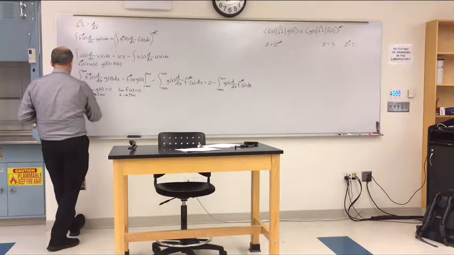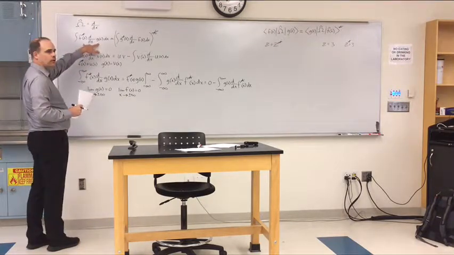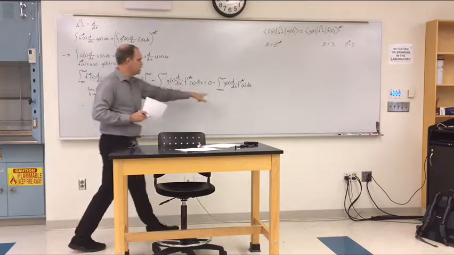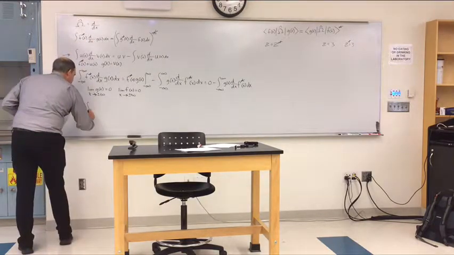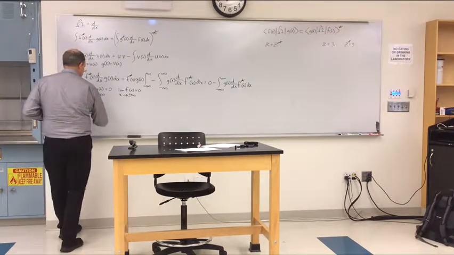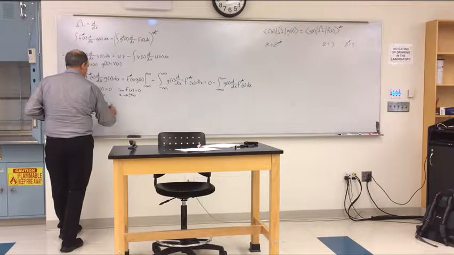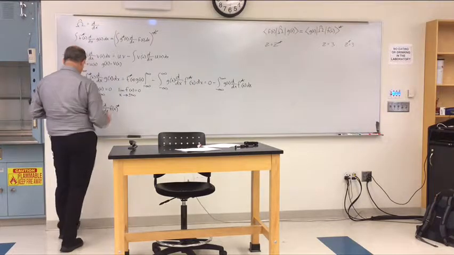So what we're going to see is, we're going to replace this part here with what it is equal to over here. So that's the negative of the integral from negative infinity to infinity of g of x d/dx f of x star.